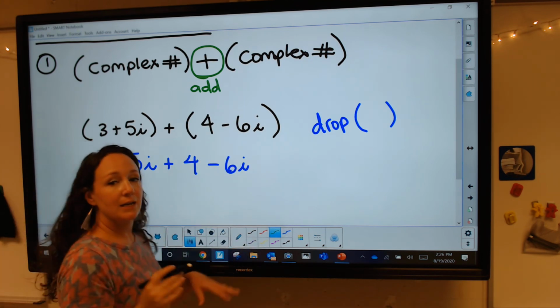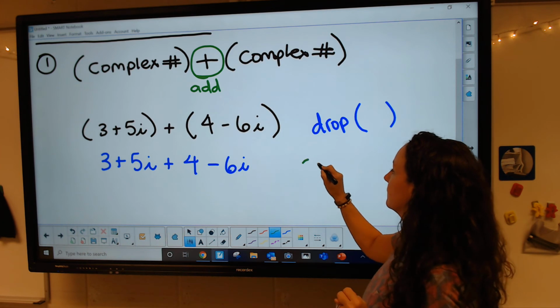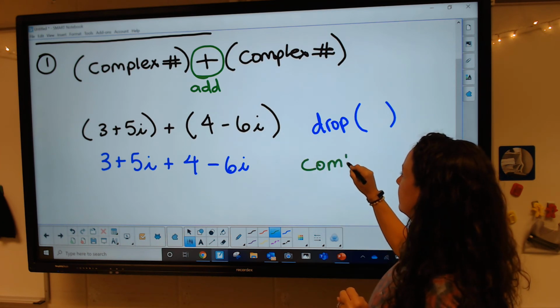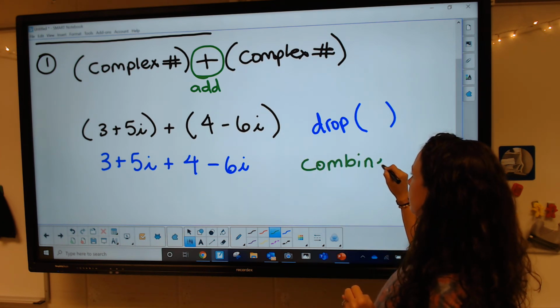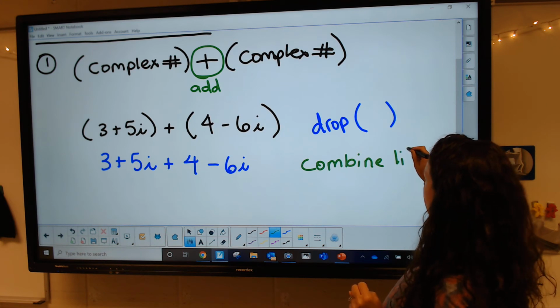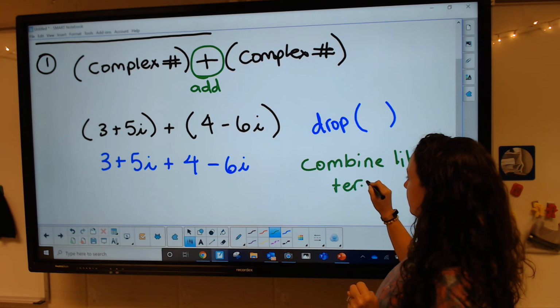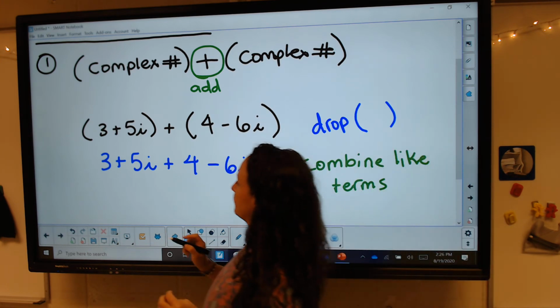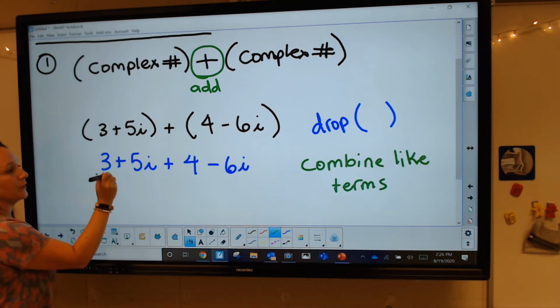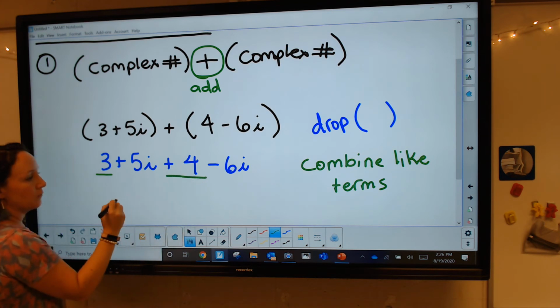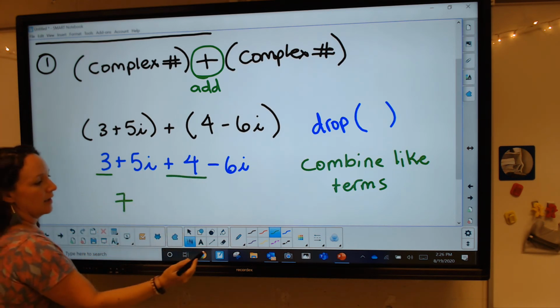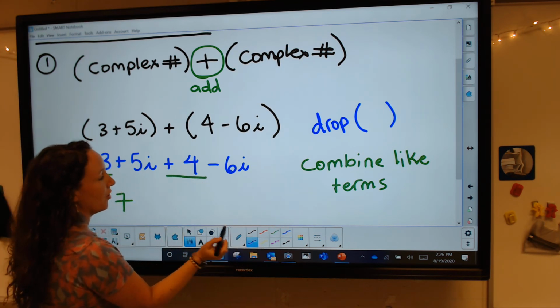And now I'm going to combine like terms. I'll take the real parts first. 3 plus 4 is 7. And I'll take the imaginary parts second.